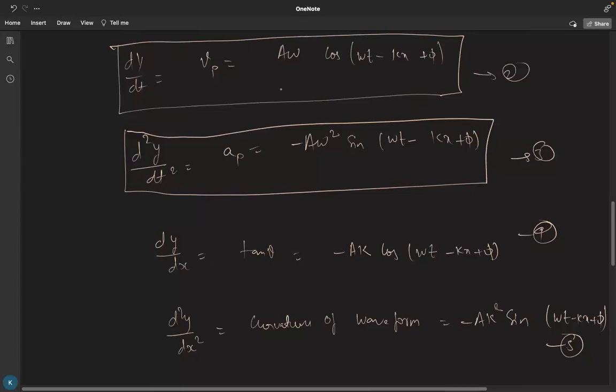Basically, what if I divide the second equation by the fourth equation? This is actually the question.